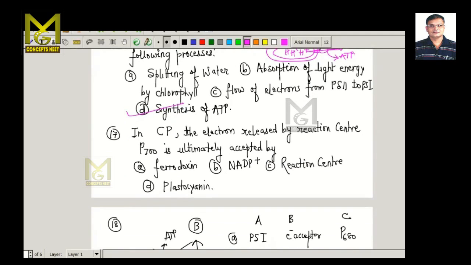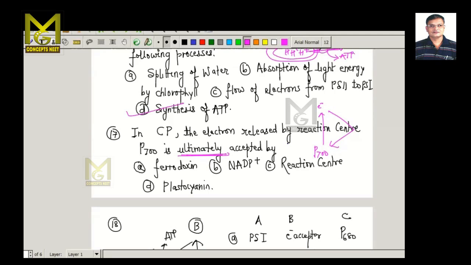In cyclic photophosphorylation, the electron released by the reaction center P700 is accepted by. If it is P700, it will be an electron acceptor. Here there is ferredoxin, and again it reverses back. So read the question very, very carefully.